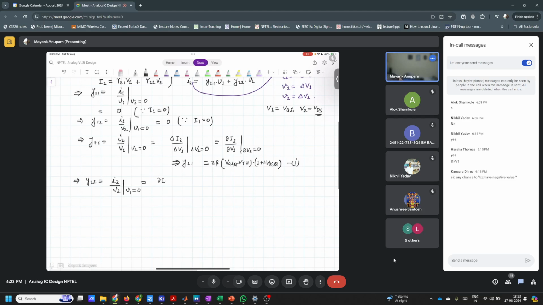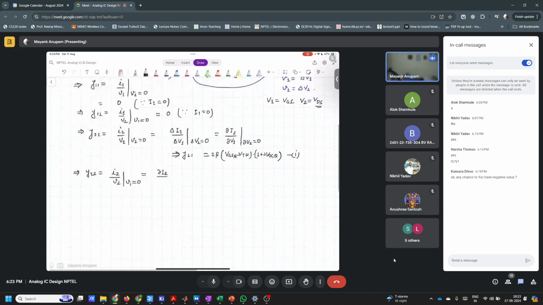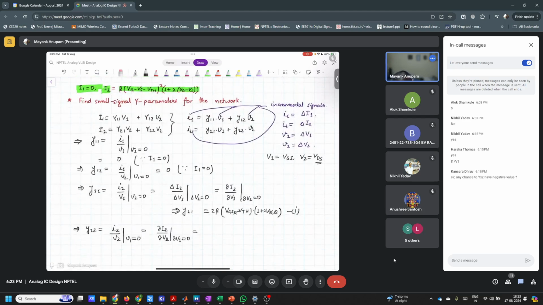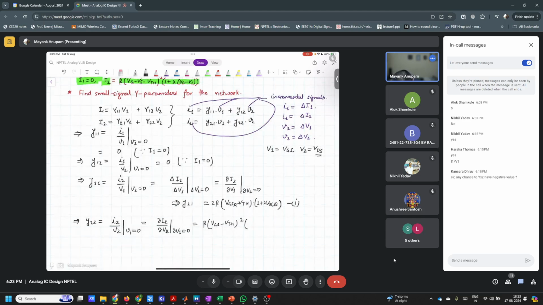It is differentiate I2 with respect to V2 when your V1 remains a constant. So what does this become? Beta times (VGS minus VTH) the whole square, into lambda, right? Am I correct?